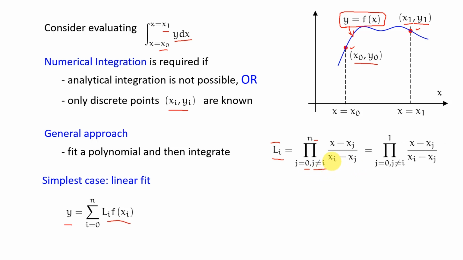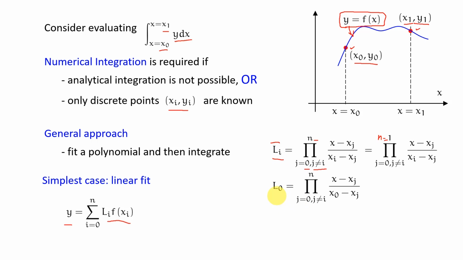When I have only 2 points, this n becomes 1. The remaining part is just the same, x minus xj, xi minus xj. Since I have only 2 points, my i can go only from 0 to 1. That means I have only 2 L's.